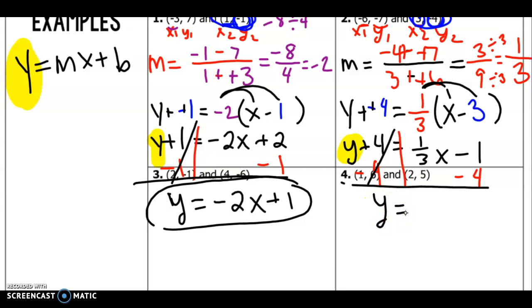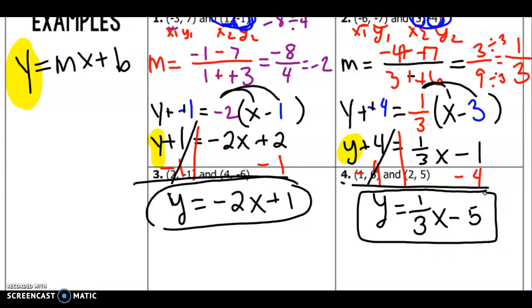Remember, you can't combine that negative 4 with the 1 over 3x because it doesn't have an x, so this part is just going to stay the same. Over here we have negative 1 minus 4, which is going to give you negative 5. So that would be your answer for that one.